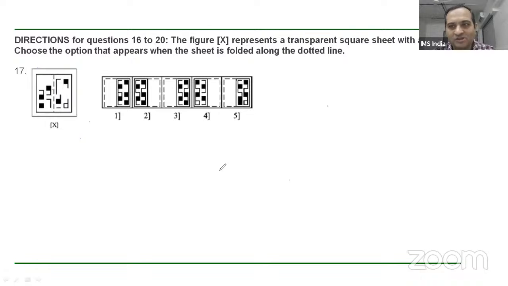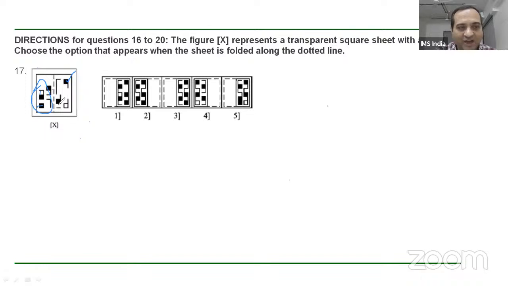See, how do I look at this question is, if the paper is folded on the right hand side, mirror image of this part should be present on the right hand side. The mirror image on the left hand side should be present on the right hand side. So if you actually observe, if the paper is folded on the right hand side, you should get three such figures. If 1, 2, and 3, this 3 will come on the right hand side.